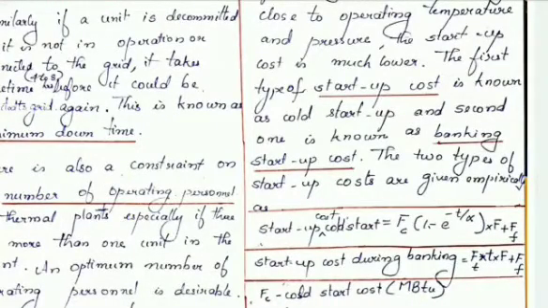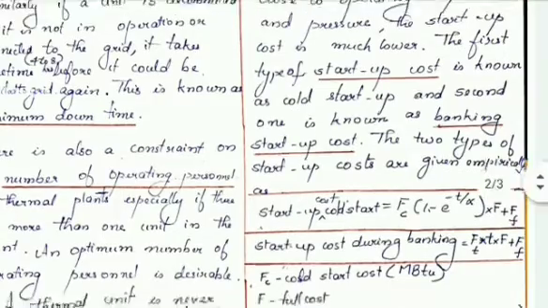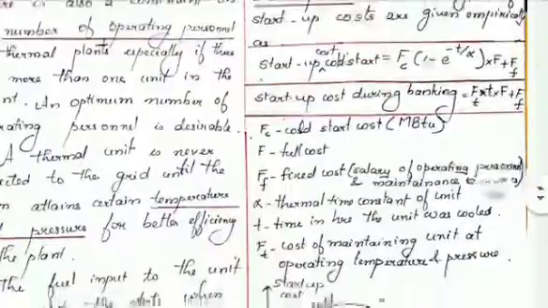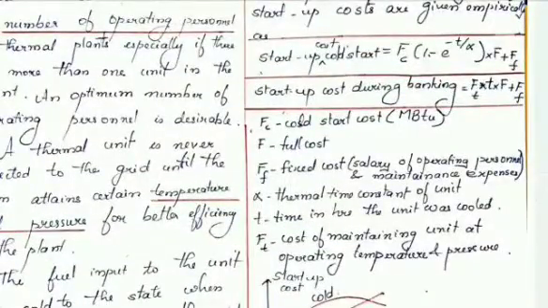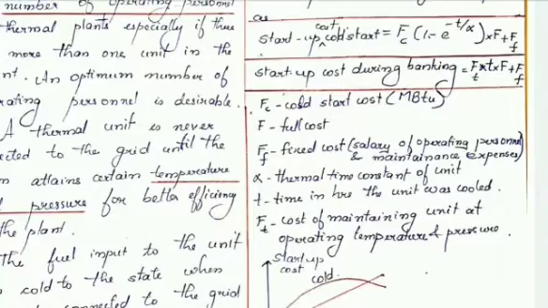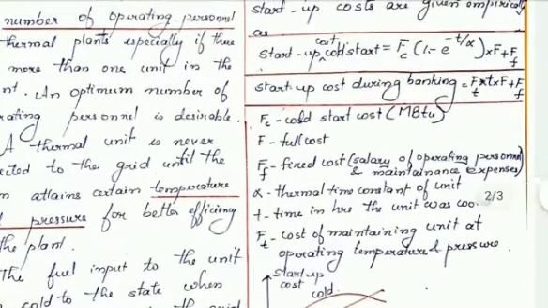The cold startup cost will be higher, and the banking startup cost will be lower. Now, the two types of startup costs are given empirically by the equation you can see here: startup cost, cold start condition, Fc into (1 minus e raised to minus t by alpha) into F plus Ff.